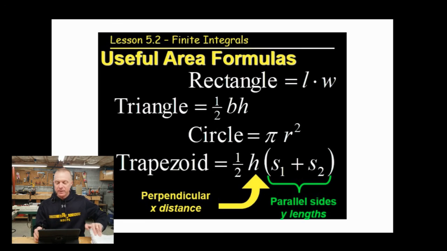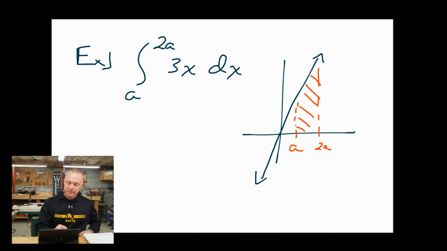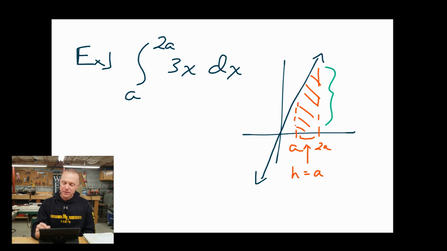So, are you ready to plug in to the trapezoid formula? I guess we need to find these dimensions first, don't we? So it would be expected that you would find this x distance. This again is the same as the height, but it's just the distance between a and 2a, so we can call that a. And then it looks like we're going to need to get these parallel sides.